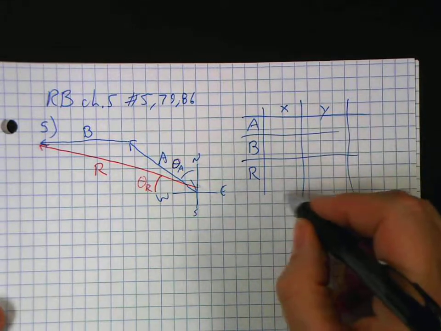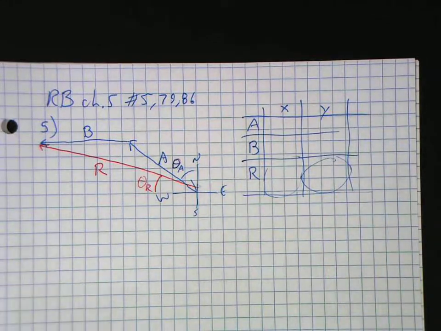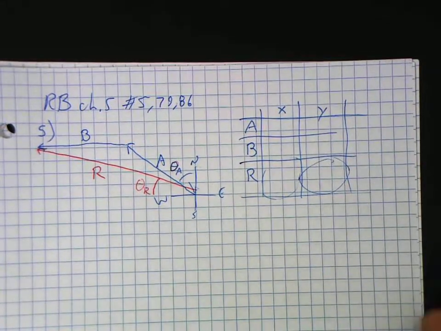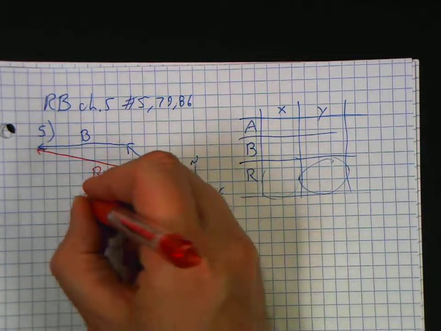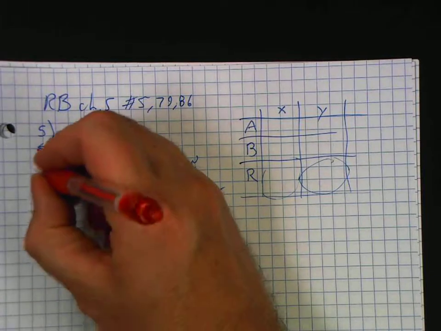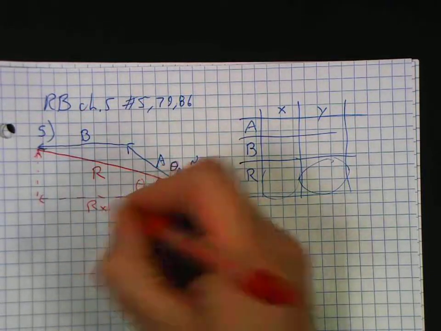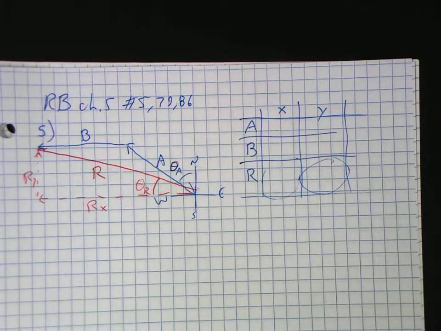We need the components. We're looking for this one and this one. Between those two things, we can figure out all the details about R. We are going to be determining the X component of R and the Y component of R. R sub X would be this one, and R sub Y is going to be that one.